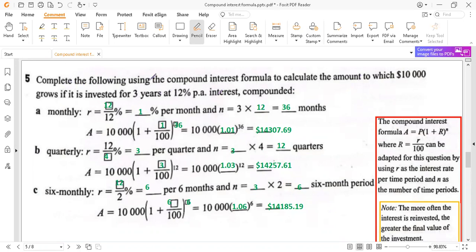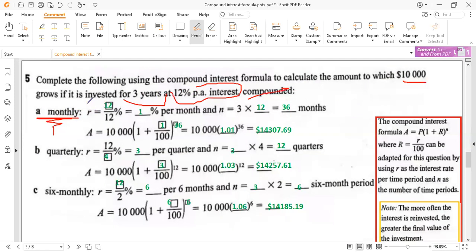For example, complete the following using the compound interest formula to calculate the amount to which 10,000 grows if it is invested for 3 years at 12% per annum interest compounded monthly. Monthly means each month the principal changes: at the end of each month we have new interest added to the principal, so the next month we have a new principal.